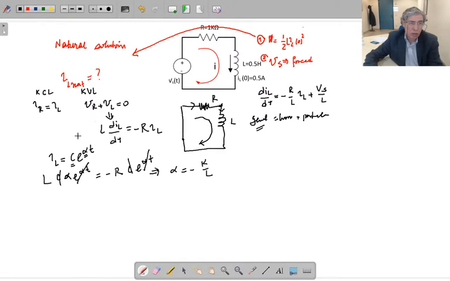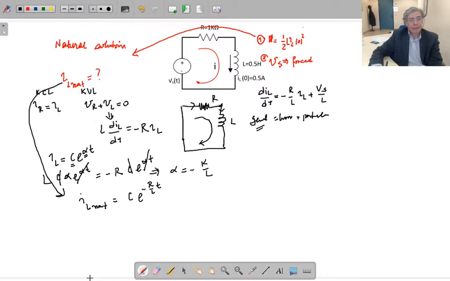So the solution that I am trying to find is IL natural equals C e to the power minus R over L t. Now, since this differential equation represents this circuit, I need to calculate that C. How am I going to calculate it?